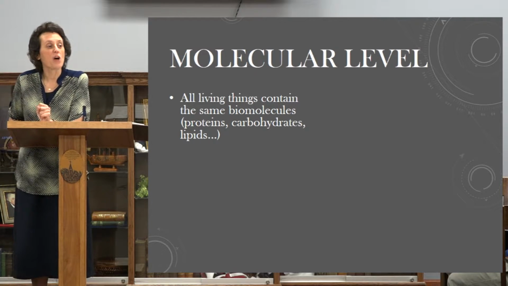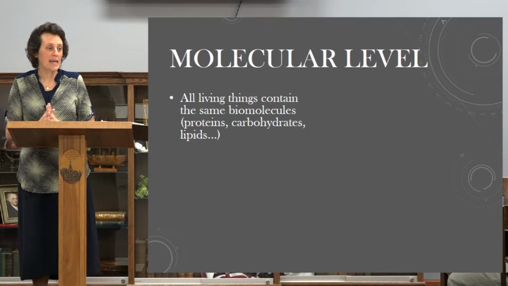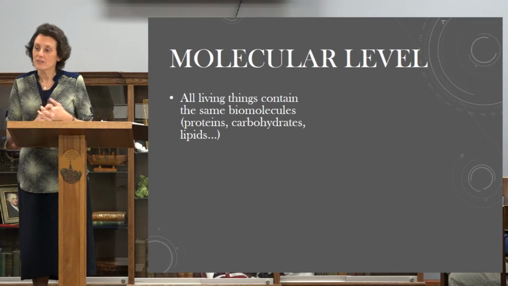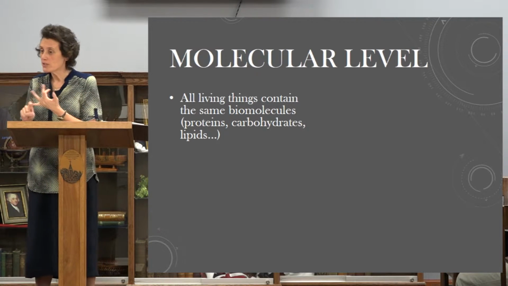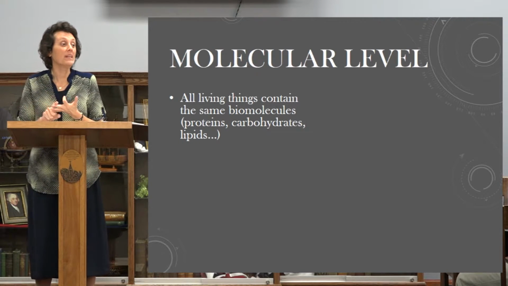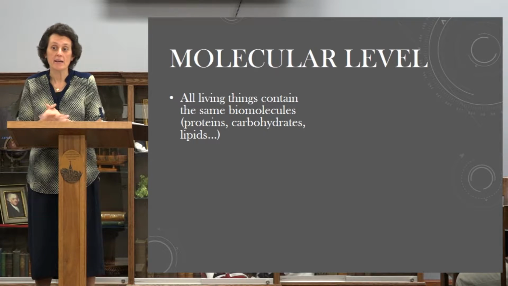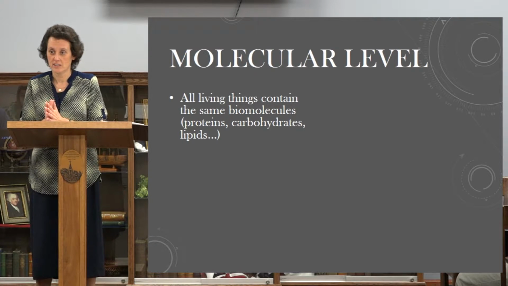All right, life is also fundamentally the same at a molecular level. Okay, so in Charles Darwin's day, no genetics, no cell biology, no molecular biology. Today, biology is studied on a molecular level.